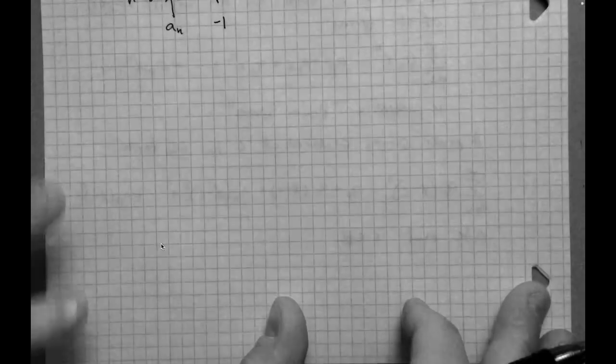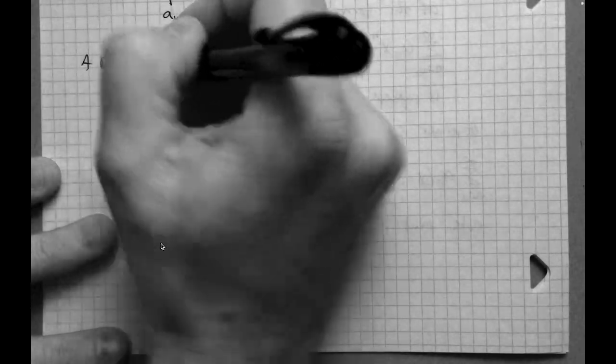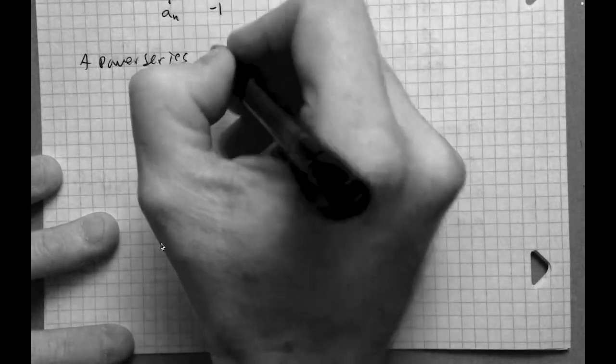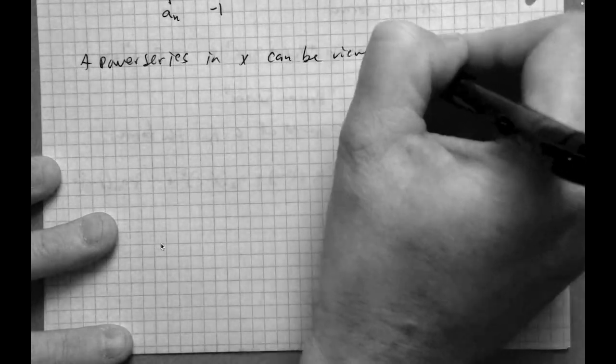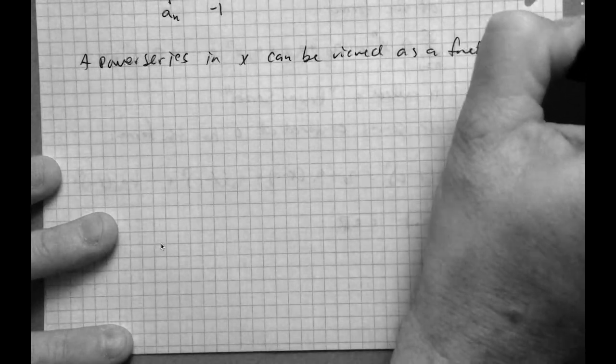And so a power series is an interesting thing. You can think of it as a function. So a power series in x can be viewed as a function of x.